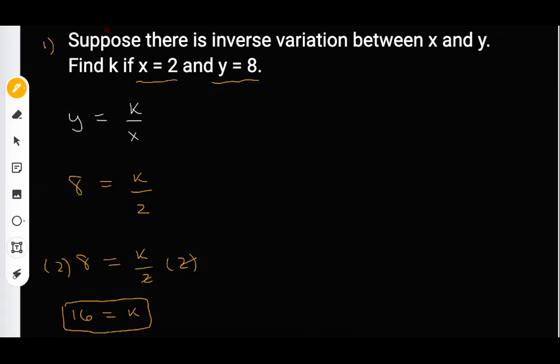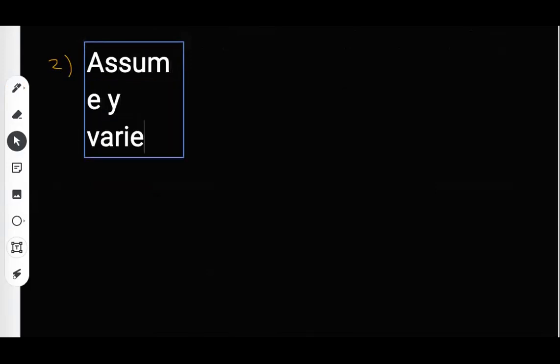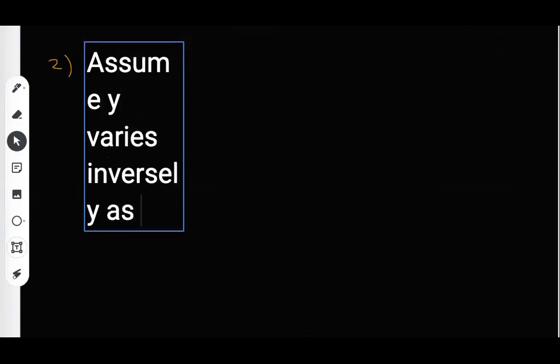All right. Let's look at number 2. Okay. Assume y varies inversely as x. If x equals -3 and k equals 12, find y.